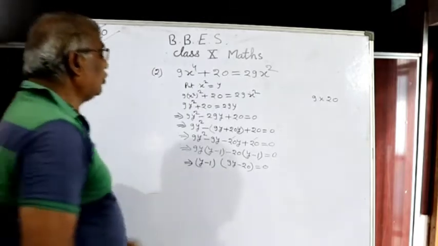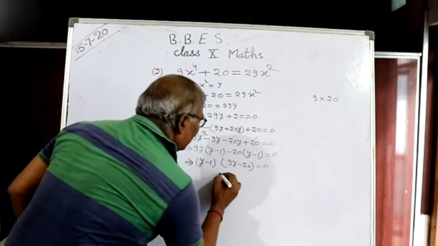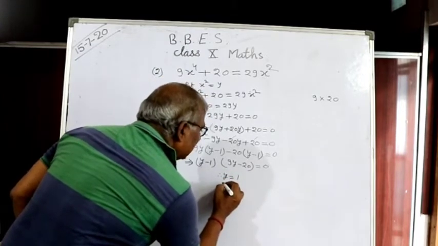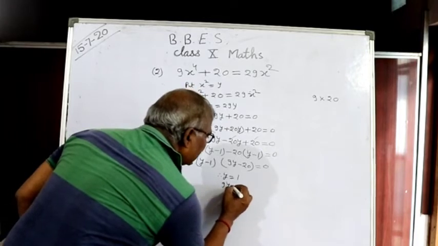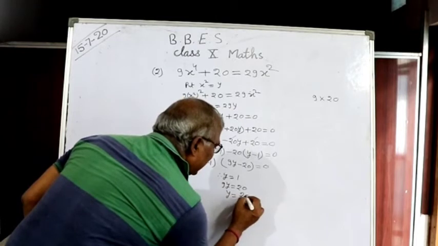Now we equate y minus 1 is equal to 0, therefore y is equal to 1, and second, 9y is equal to 20, therefore y is equal to 20 by 9.